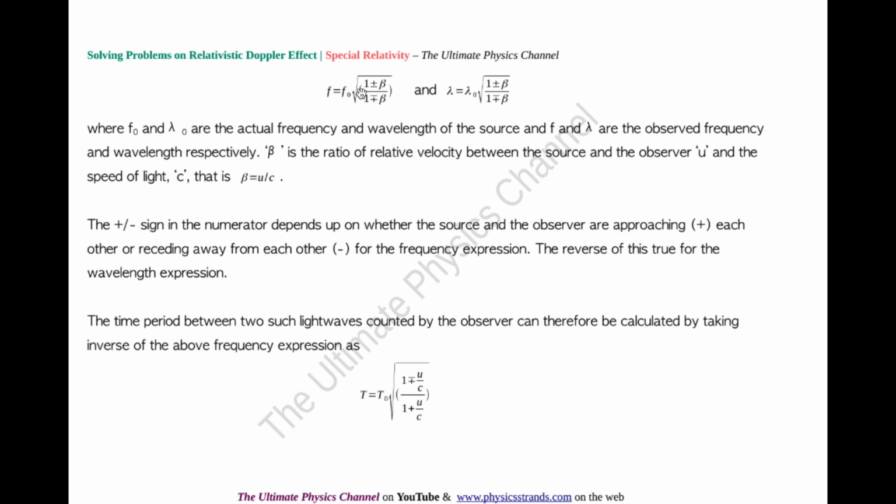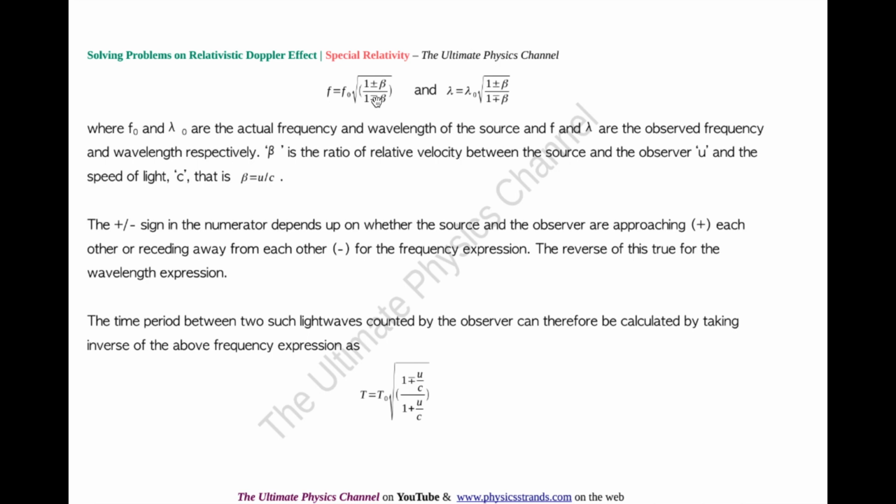Similarly, for the frequency expression, the numerator within the square root will have a minus sign and the denominator a plus sign if the source and the observer recede away from each other. When we've taken that expression for frequency, the corresponding wavelength expression would have opposite signs on the numerator and the denominator, that is lambda is equal to lambda naught square root of (1 plus beta) over (1 minus beta).